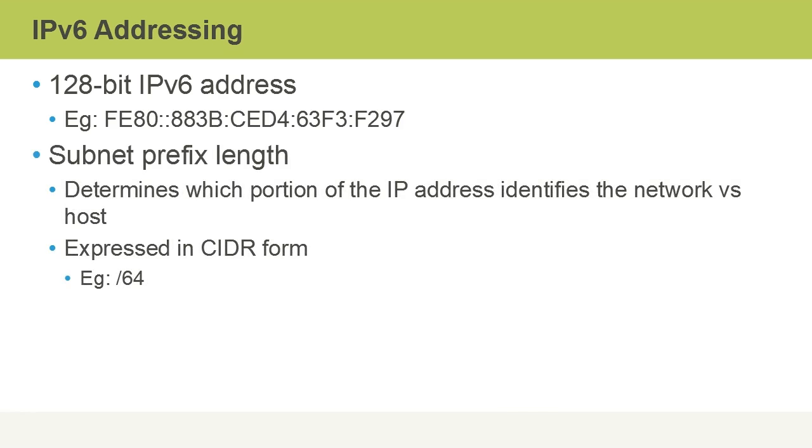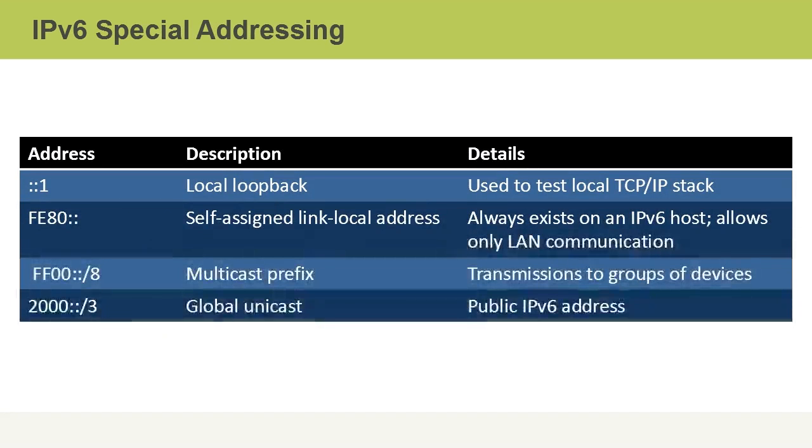With IPv6, the subnet prefix length determines which portion of the IP identifies the network versus host. So it's kind of like the subnet mask in IPv4. And it can be expressed in CIDR form, which it normally is, such as /64. It means there are 64 bits in the subnet prefix. There are special IPv6 addresses such as ::1, which means local loopback.